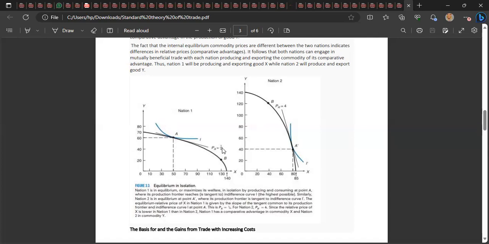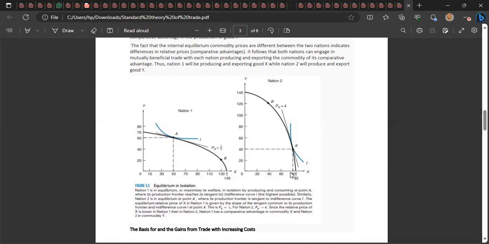So in this instance, given that it's 0.25, right, it already shows you that this slope is flat, right? And then basically, it's a lot cheaper here to produce commodity X, because it's only going to cost you 0.25. So it's very cheap there. Then if you come down this side, it's actually going to cost you 4, right?